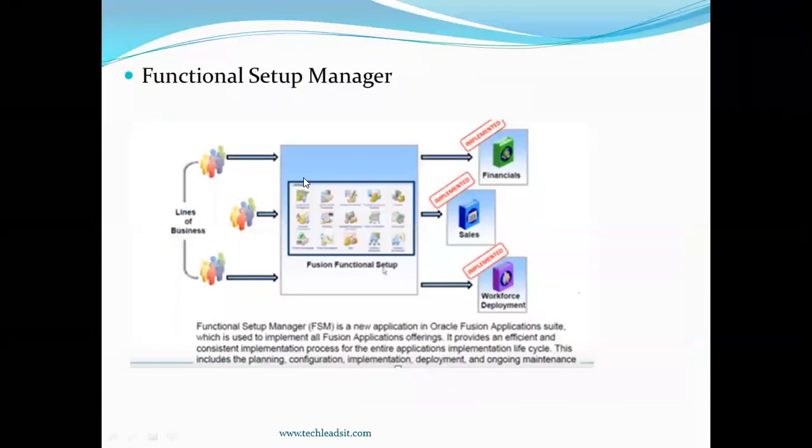Here, we have a special component in our Fusion applications, the Functional Setup Manager. When you compare with our on-premise application, our Autovell system, if a business wants to implement a complete procure to pay cycle, or order management or order to cash cycle, how are they implementing it in our Autovell system?